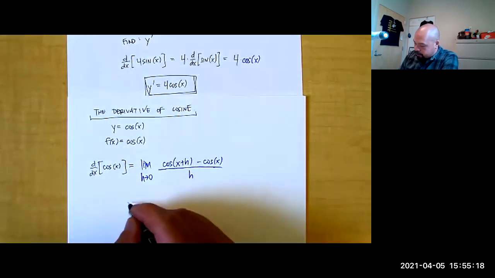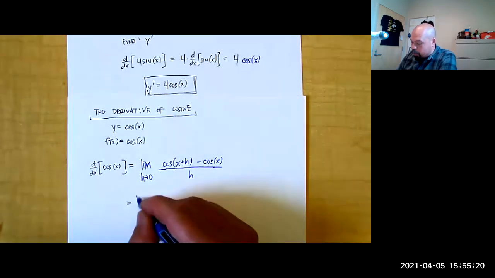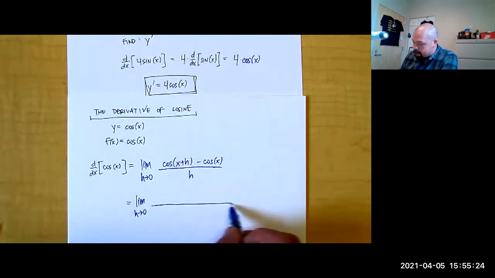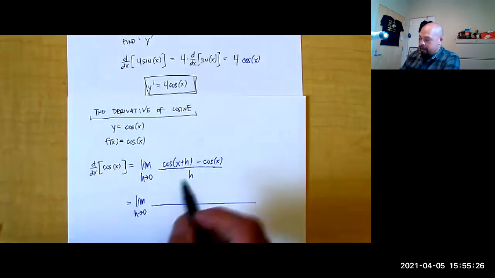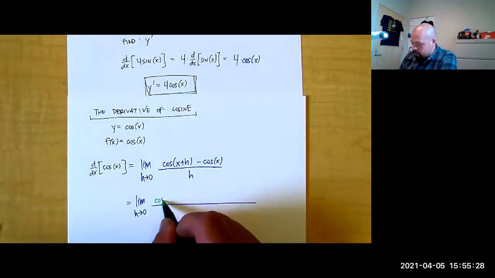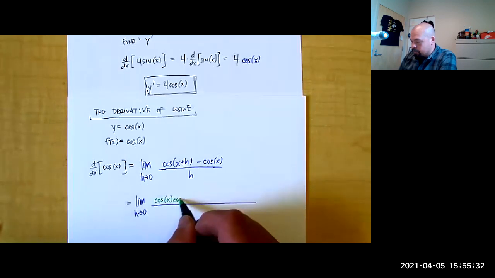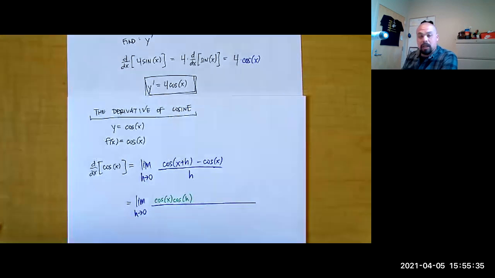Just like we did before, we're going to apply that sum formula. Now for the cosine, we get the cosine of x, cosine of h.